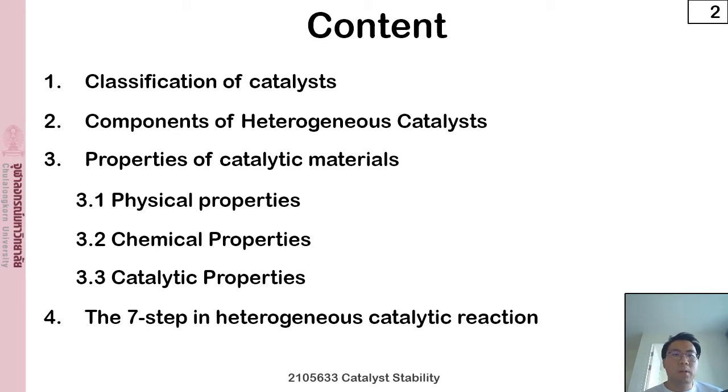And then we will talk about the properties of the catalytic materials. So catalytic materials is another name of catalyst. So normally there are three main properties, which are the physical, chemical, and catalytic. And for the final topic, we'll talk about the 7 steps in heterogeneous catalytic reaction.